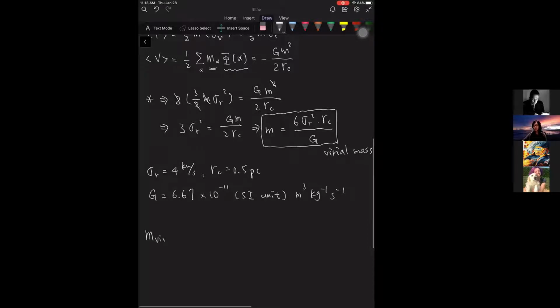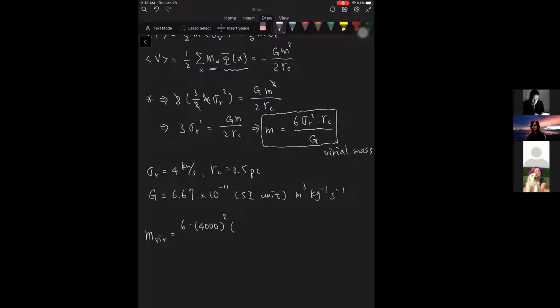So we will have the virial mass of this object as 6 times sigma r squared, which is 4 squared, right? Since we are working in SI unit, we should convert kilometer per second into meter per second. It should be consistent. All of the values here should be in SI unit. So 4 km per second is 4,000 meter per second, and we have 4,000 squared.